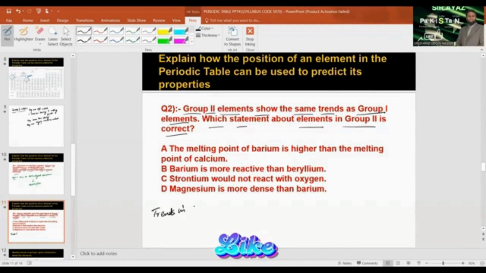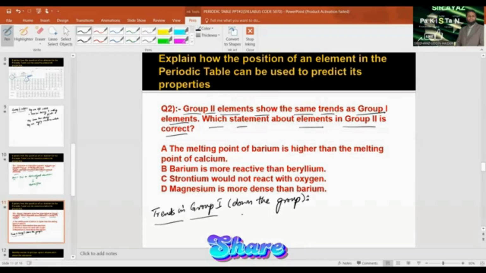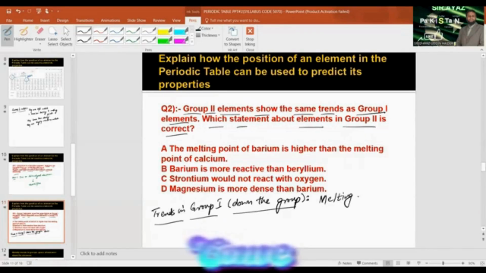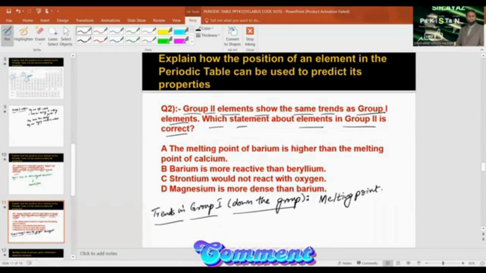Trends in group 1, and remember, it's down the group. Melting point decreases. Density increases.